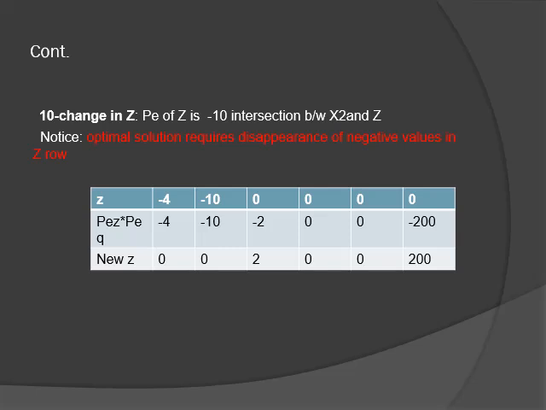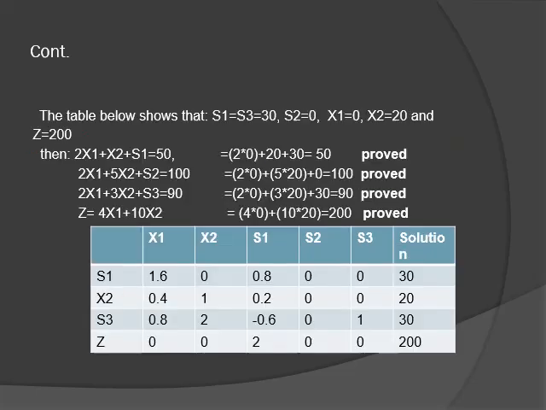The result is negative 4, negative 10, negative 2, 0, 0, 100. So we will get the table below.